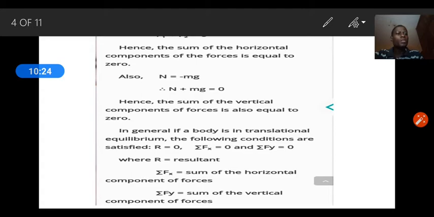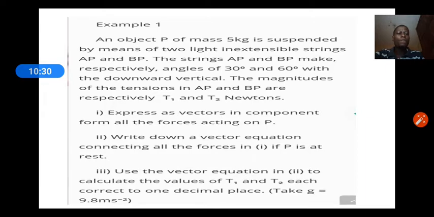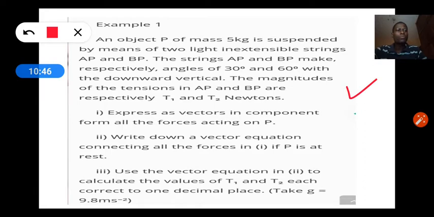So we've seen the condition that is necessary. Now let's take the first example. An object P of mass 5 kg is suspended by means of two light inextensible strings AP and BP. The strings AP and BP make angles of 30 degrees and 60 degrees respectively with the downward vertical.